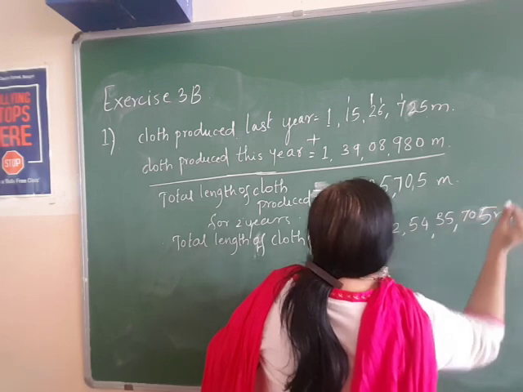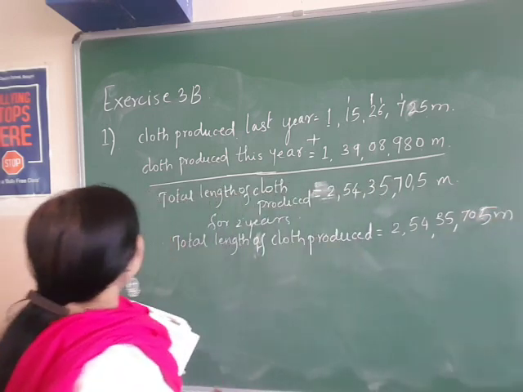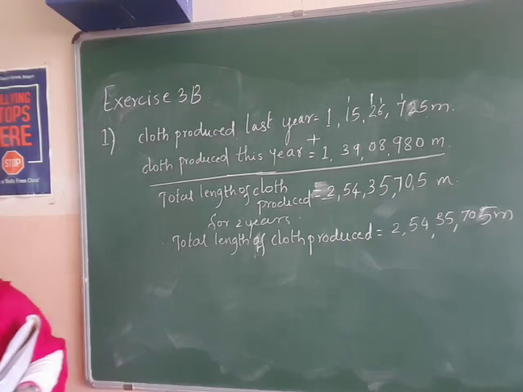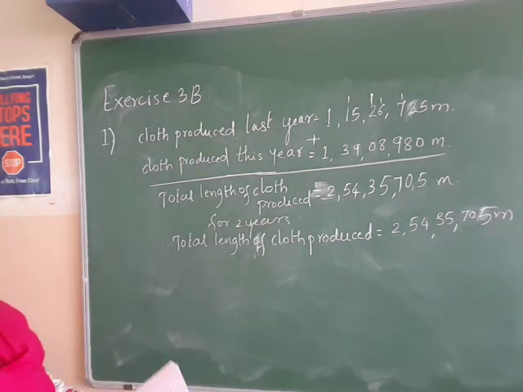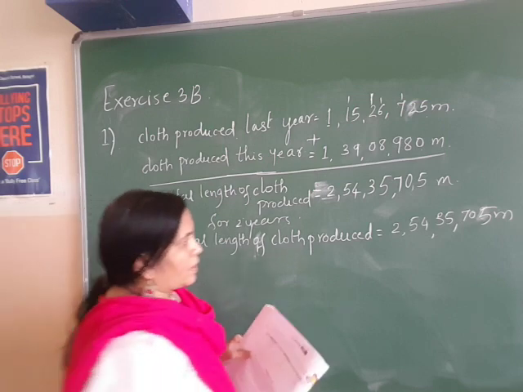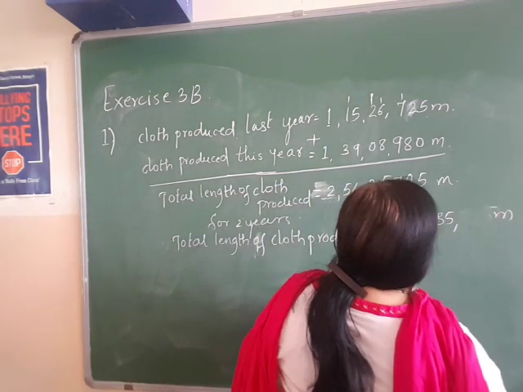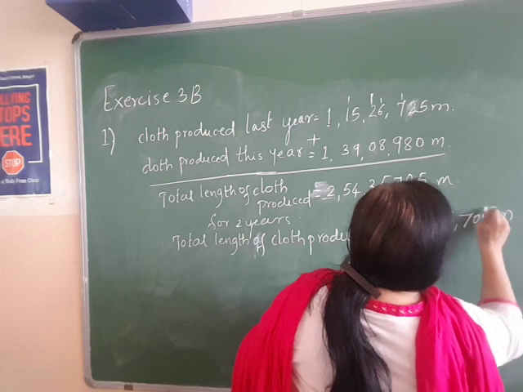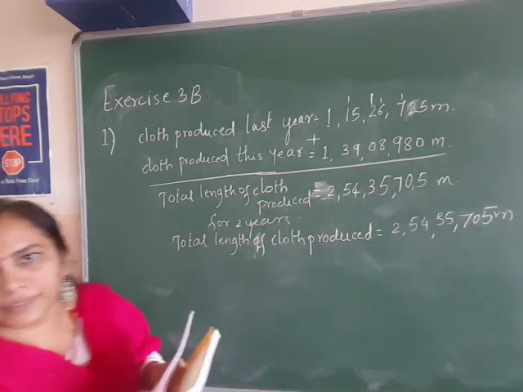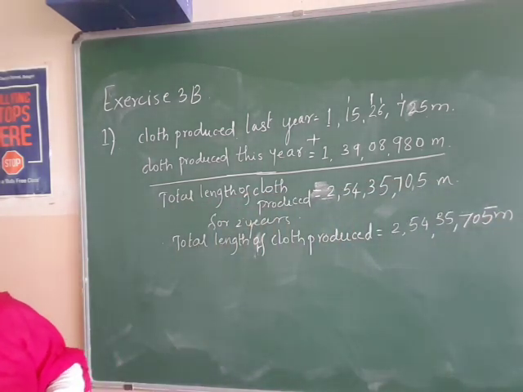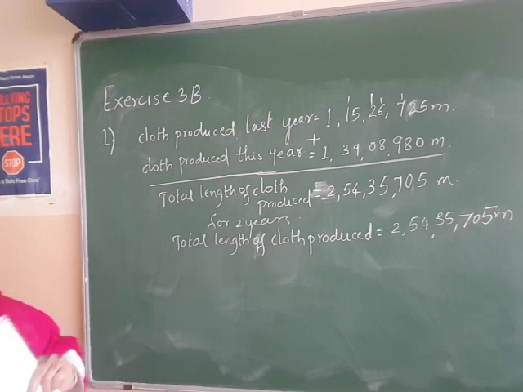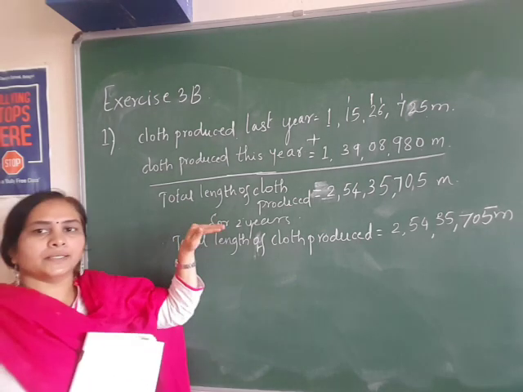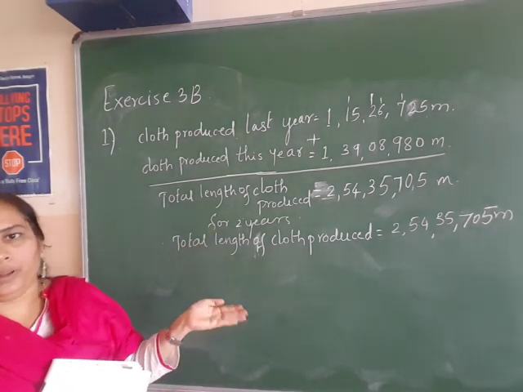Next, this is the first part, but they still asked something more. What do you have to find? You have to find how much more cloth was produced this year, meaning compared to last year, how much more was produced this year.